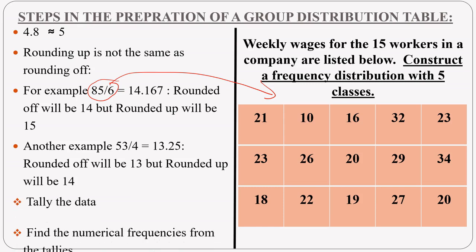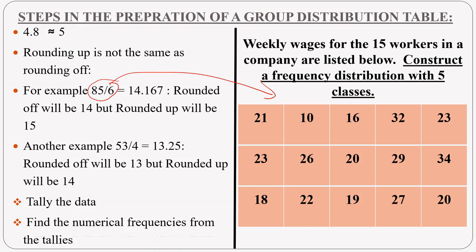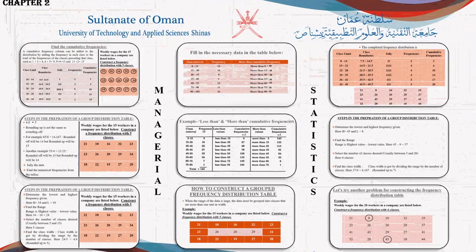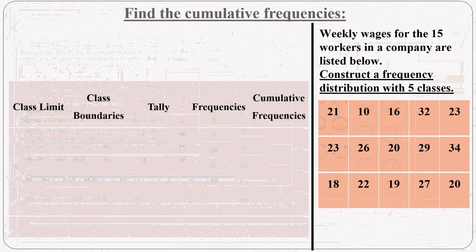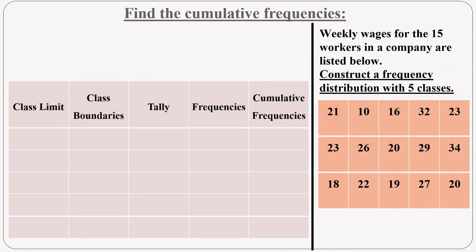So we need to tally the data and find the numerical frequencies from the tallies. How to do it? Let us see. Now I'm going to do the problem. First we need to identify the class limits. As usual, we know the lowest value is 10, and we already found the answer is 5. Let me go back so that you can understand.